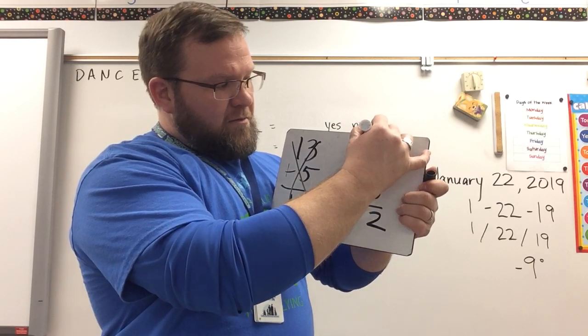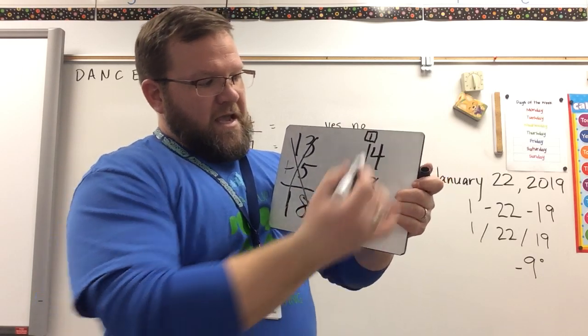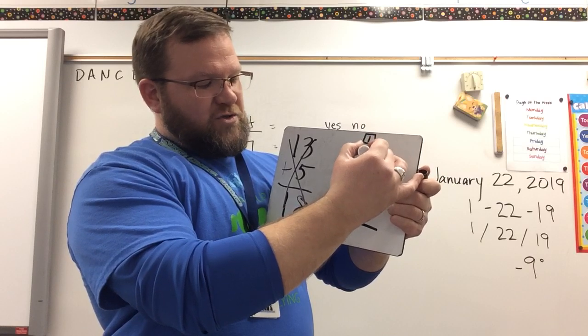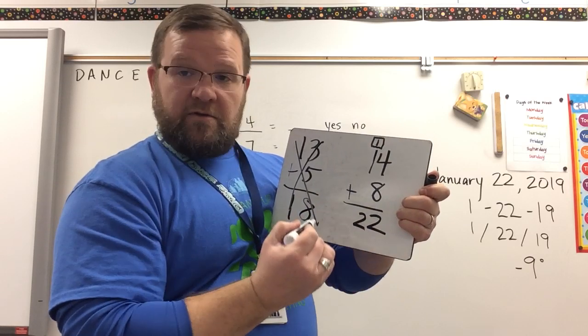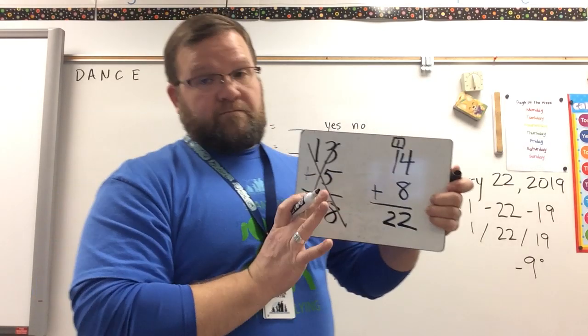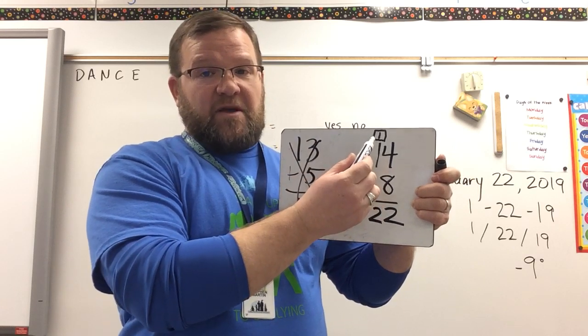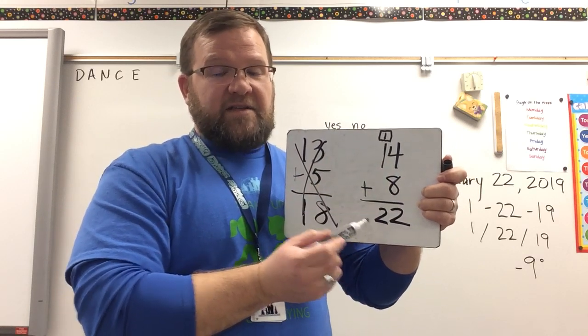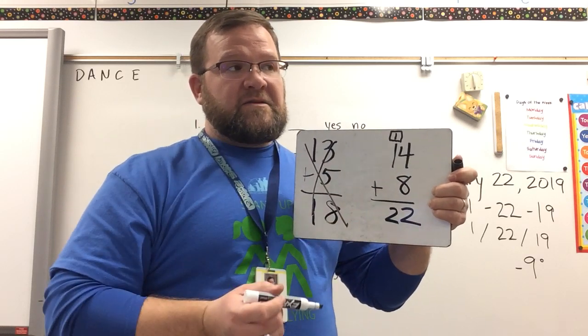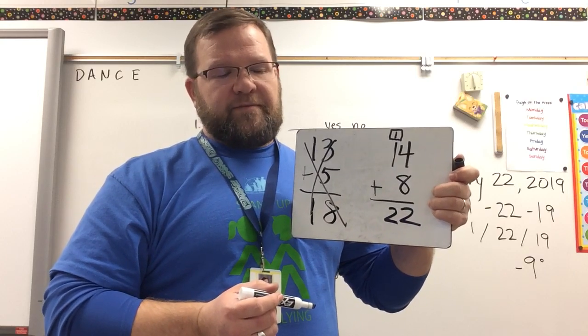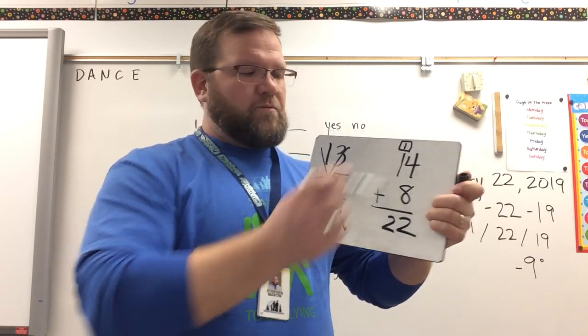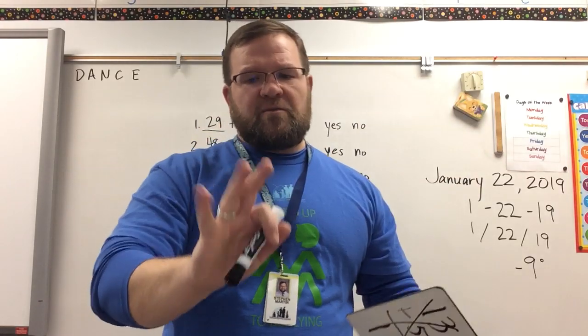And we're going to put a little box up here. And then I say 1 plus 1 is 2. So, if I have to put something up here, or if my tens place changes, then that means that I regrouped.